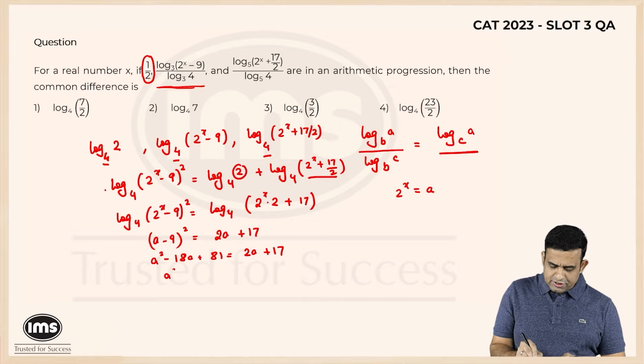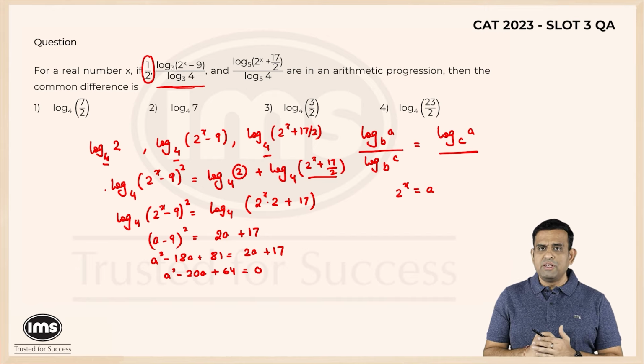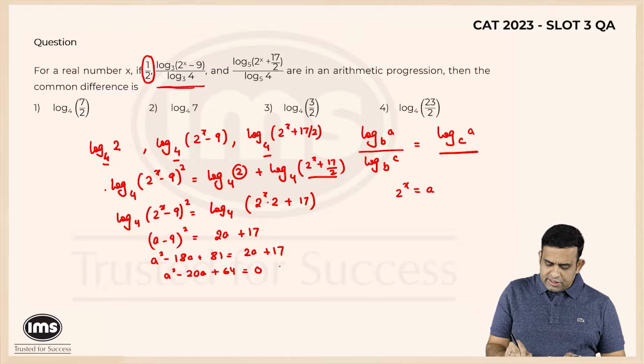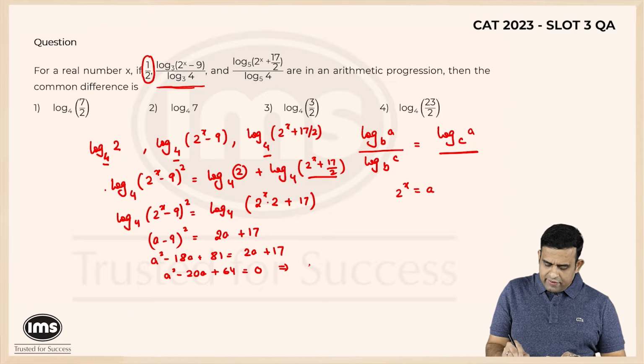So one will get a square minus 20a plus 64, since 81 minus 17 happens to be 64. So a square minus 20a plus 64 equals 0. You can use the formula, you can use middle term split. One will get a minus 4 into a minus 16 equals 0. And that will give you the value of a to be equal to 4 or 16.